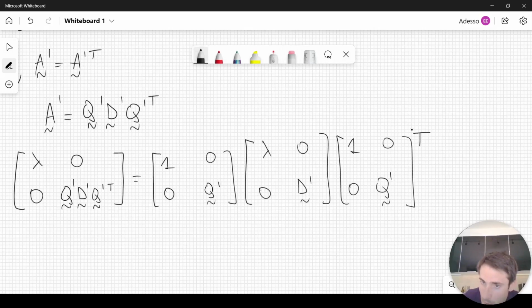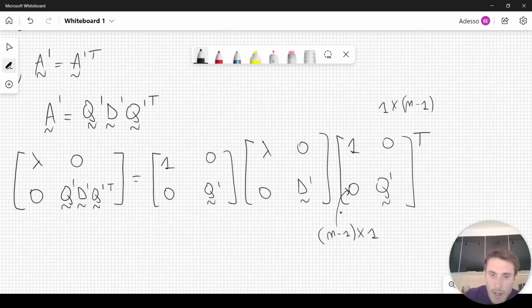We can put it here, because when we take the transpose of 1, this is just a scalar, it will still be 1. Remember that this 1 is not a scalar in this case; it is a 1 by n minus 1 vector, whereas this 0 here is an n minus 1 by 1 vector.